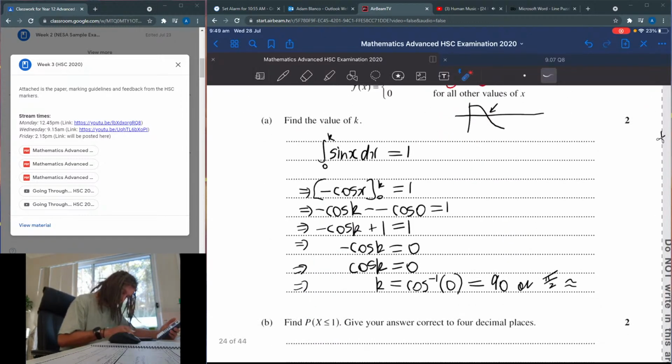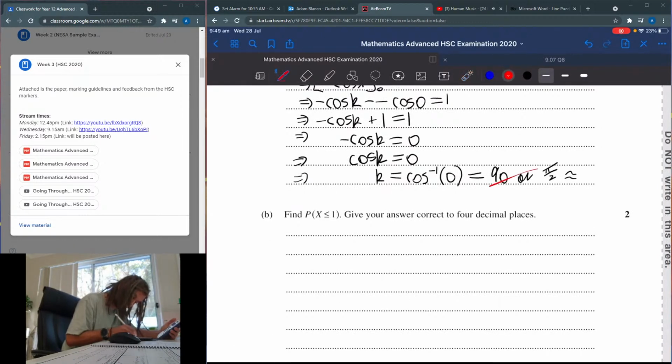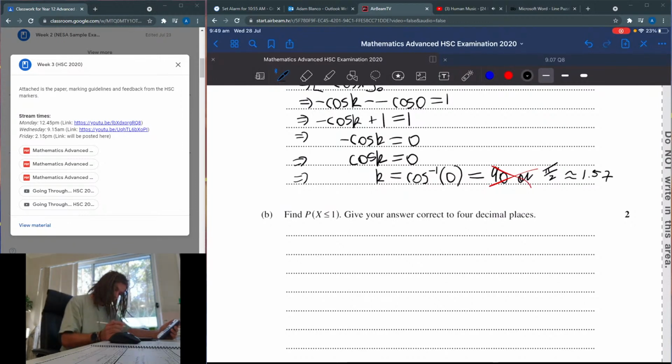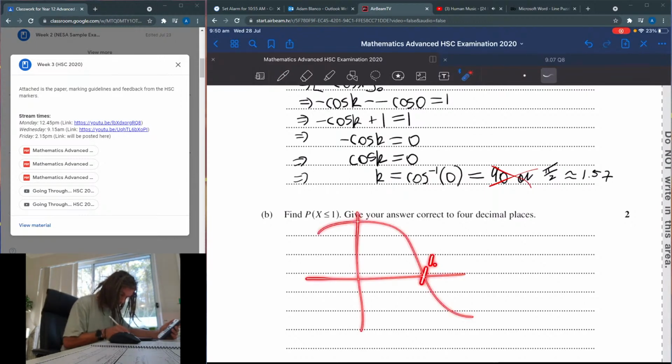I don't know how else to justify that, but I've figured out that this is about 1.57. So you can imagine that it looks like this, that's 1.5-ish. That's 1, so the area of this is going to be around about 1.